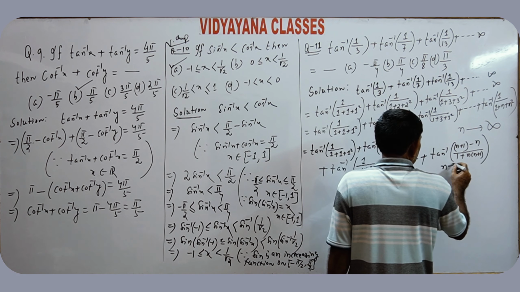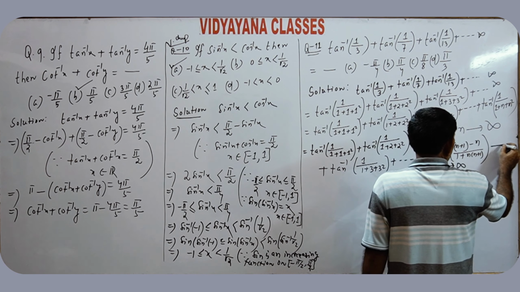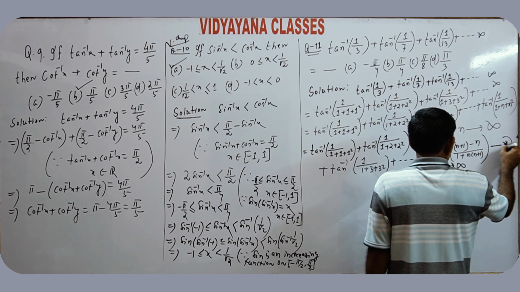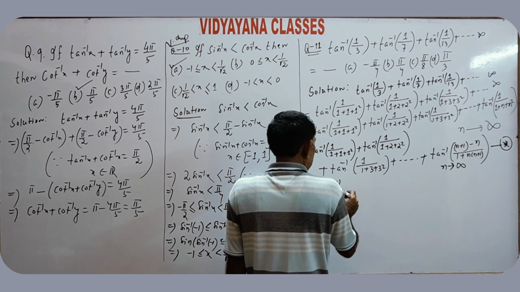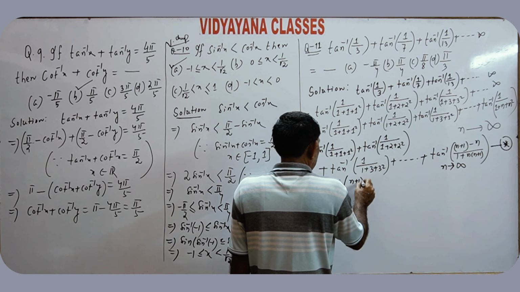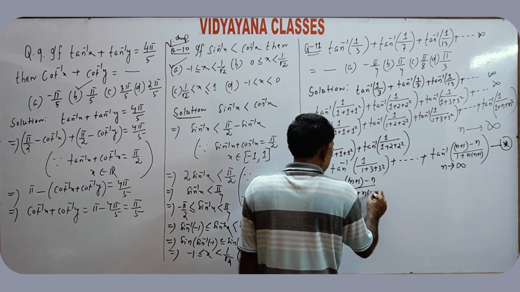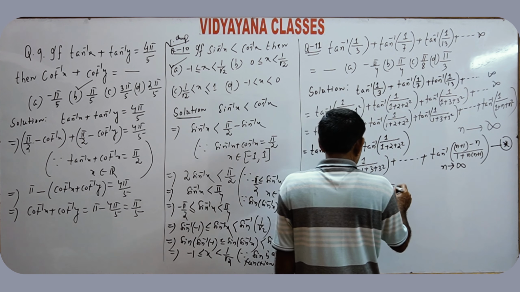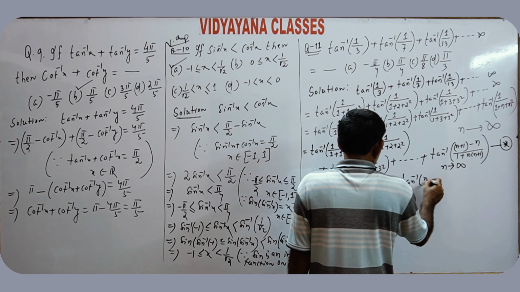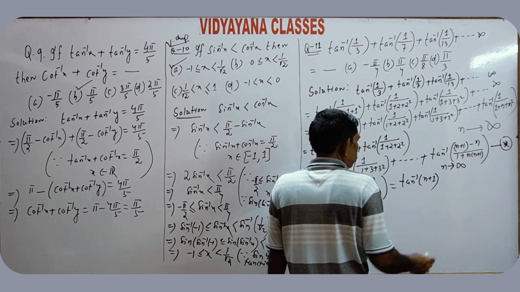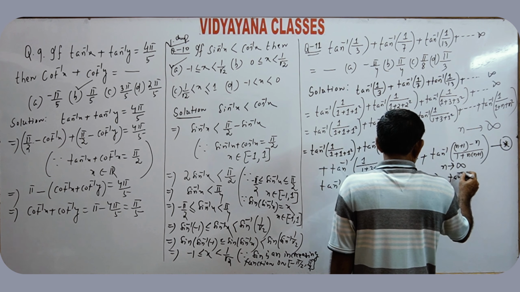N tends to infinity. It is taken as star. Tan inverse n plus 1 minus n divided by 1 plus n into n plus 1 is same as tan inverse n plus 1 minus tan inverse n.